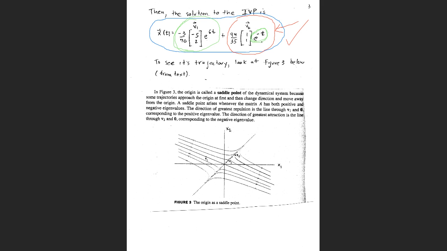Now, you notice in the picture they've drawn a v1 and a v2. What are v1 and v2 in this figure?